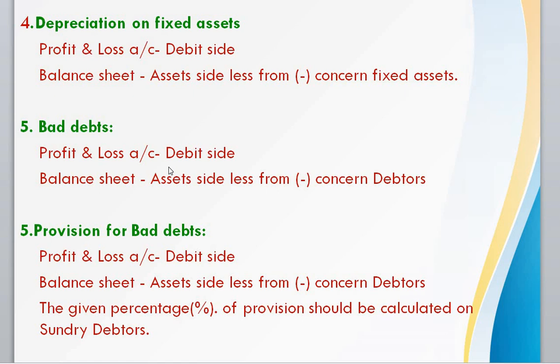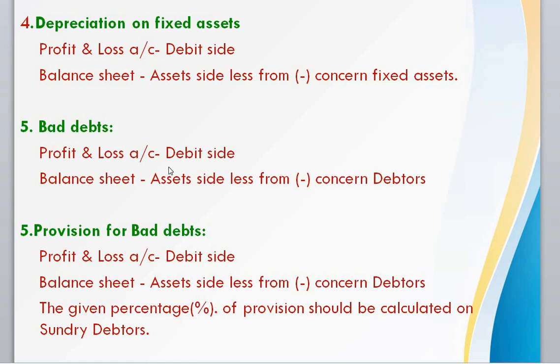Then last one, the provision for doubtful debts. In bad debts, the bad debts amount is directly given. We need not calculate the amount. But in provision for bad debts, the problem specifically mentions 5% or 10%. The provision for bad debts or doubtful debts should be calculated on the sundry debtor.